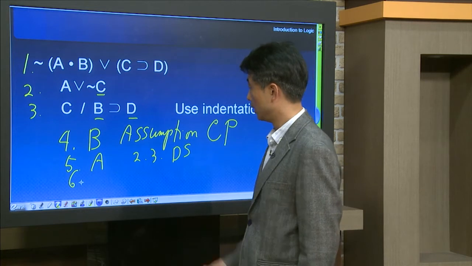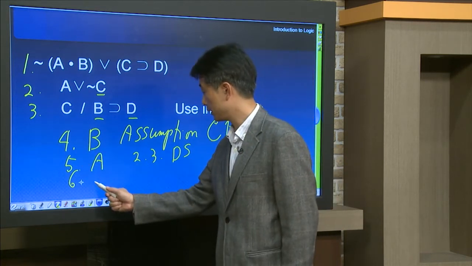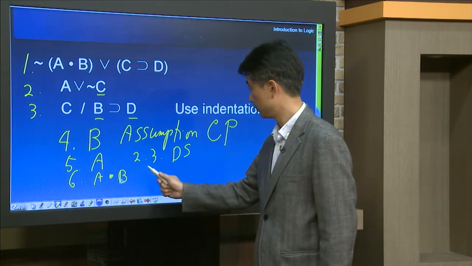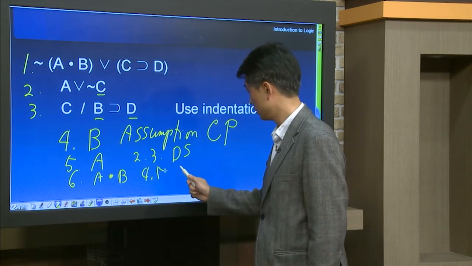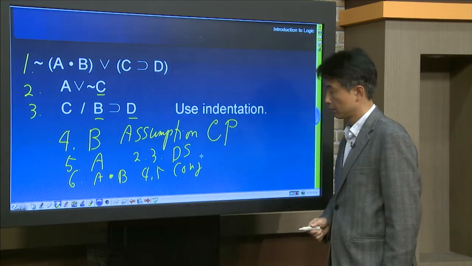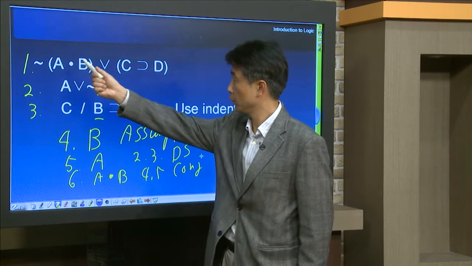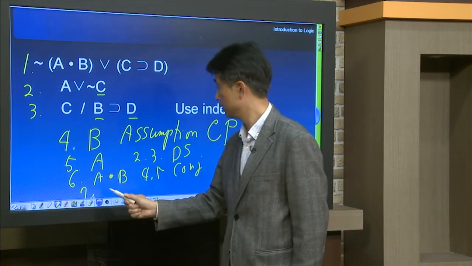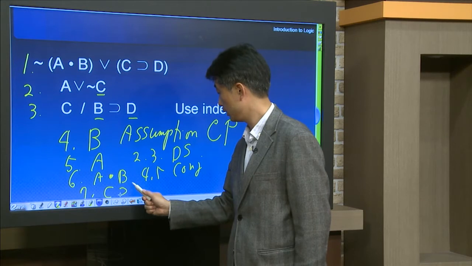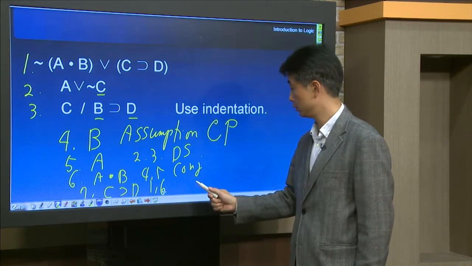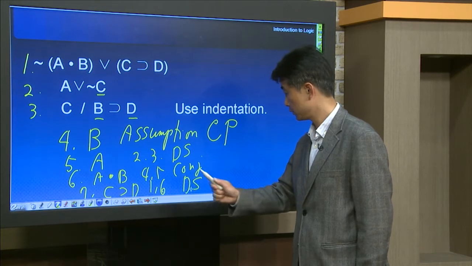From 4 and 5, I can derive A dot B. 4, 5, conjunction. If you look at 1 and 6, you can derive C then D. 1, 6. Again, by using the rule disjunctive syllogism. Okay.